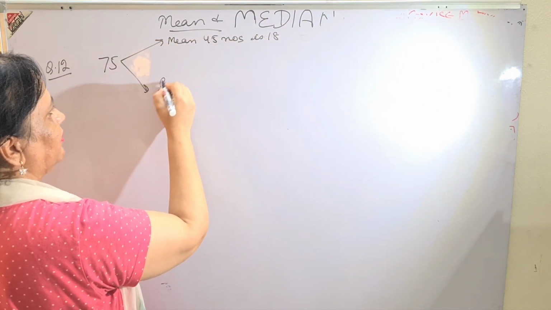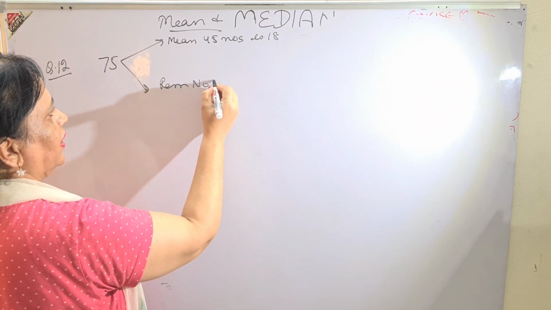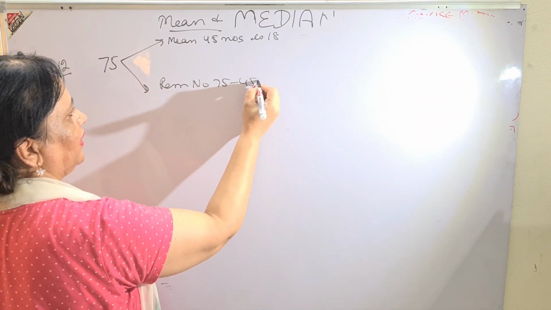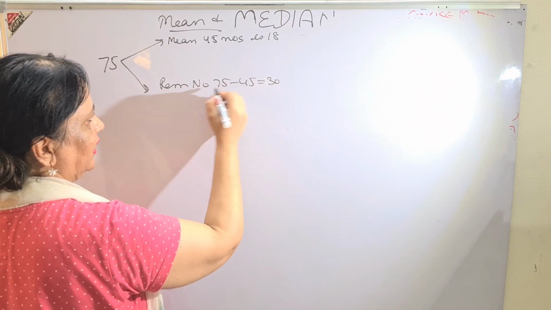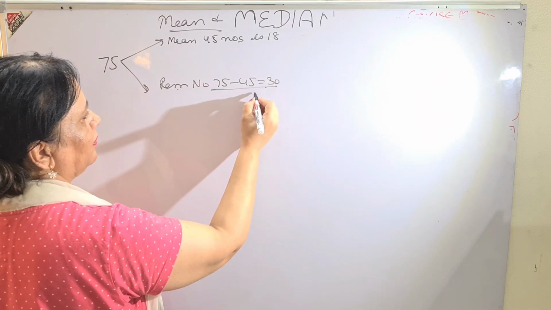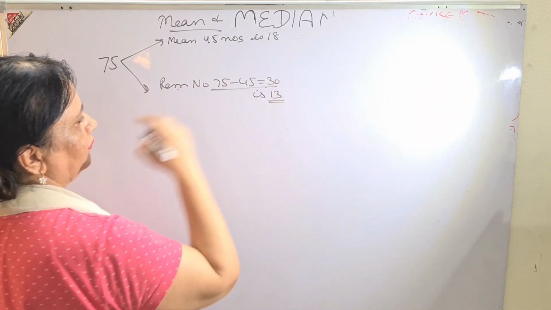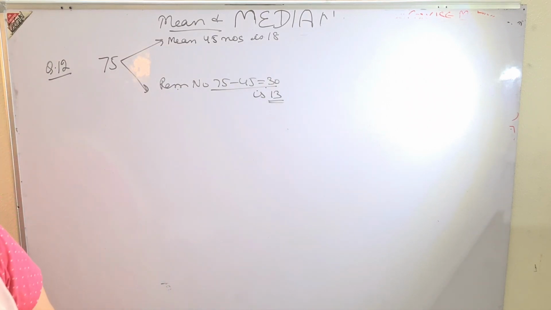So remaining numbers will be 75 minus 45, that is equal to 30. And for the remaining numbers, the mean is 13. So question is very simple. You have to find the mean of the remaining ones.